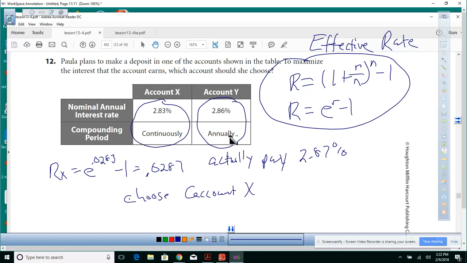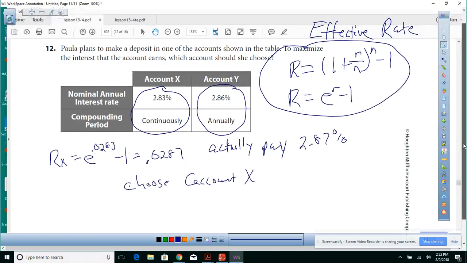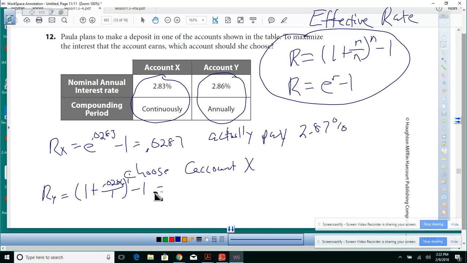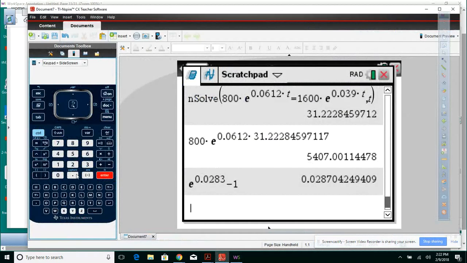And you can do that one too, and we'll put it in this other formula, just to show you. R of Y is 1 plus the rate, 0.0286 over 1 time a year, to the first power, minus 1. Then we'll try that.